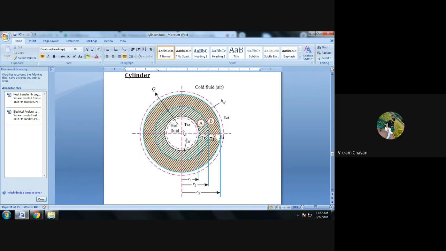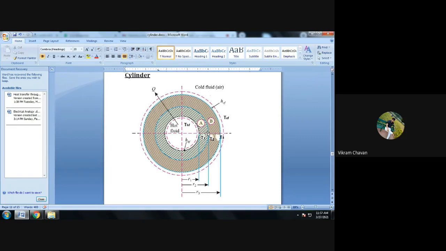From the internal hot fluid, heat will transfer to the internal surface of A cylinder. That heat transfer will be considered as convection heat transfer. Then heat will transfer within the thickness of A cylinder, from the internal surface to the external surface of A cylinder.